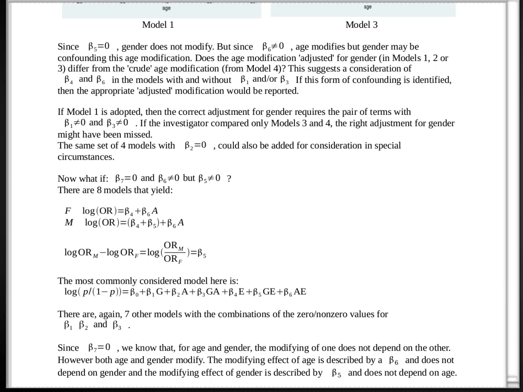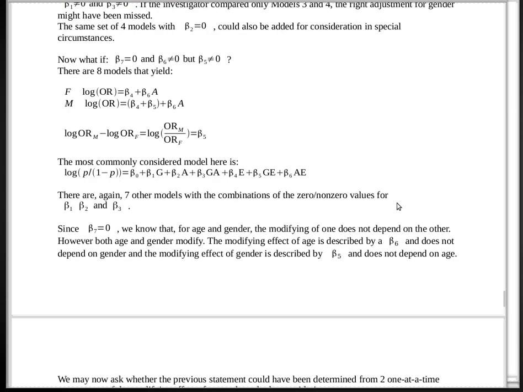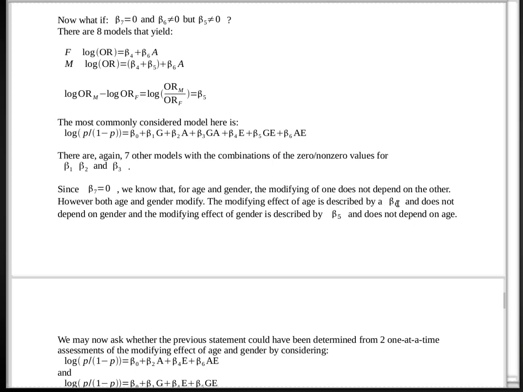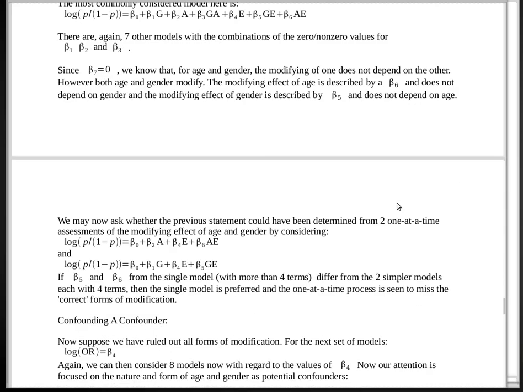There are all these intermediate forms of how age might adjust the gender modification and how gender might adjust the age modification. Oh boy. Lots of possible scenarios.